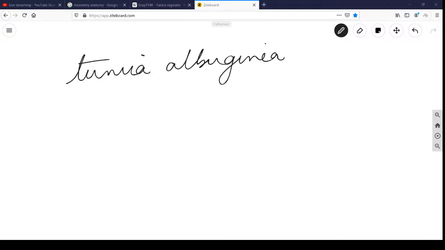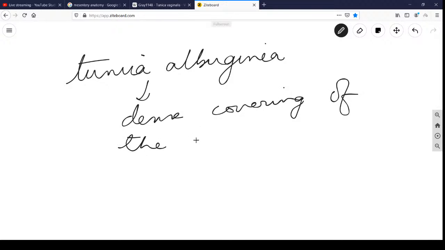This is the dense covering of the testis itself. Tunica vaginalis, then tunica albuginea.